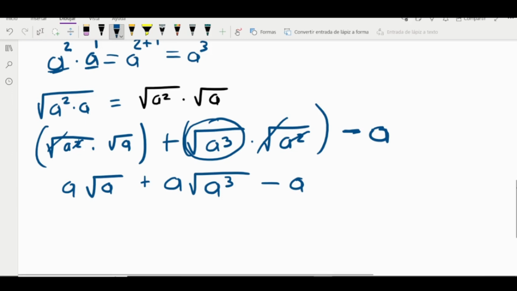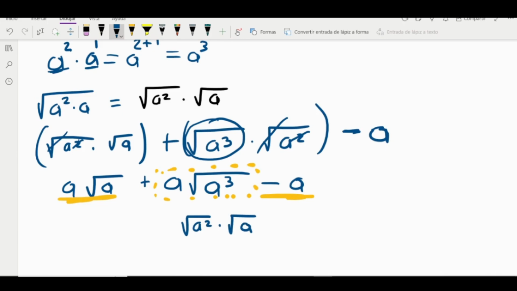We can continue with simplifications. Not here, it is not possible to simplify anymore. But what about this? Here we have the square root of a to the cube. We apply the same property and split it into a squared times the square root of a. So we rewrite: a times the square root of a, plus a times the square root of a squared times the square root of a, minus a.